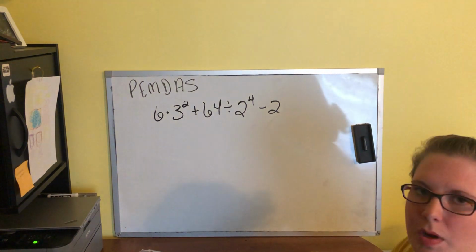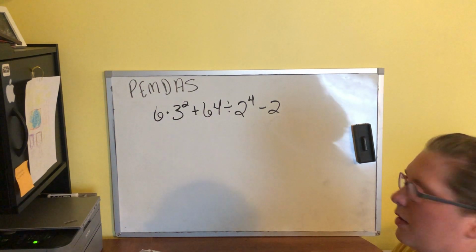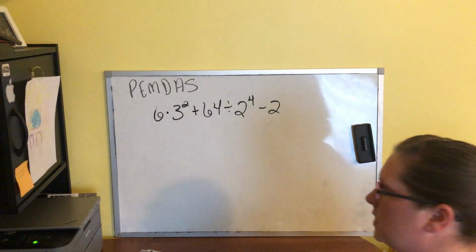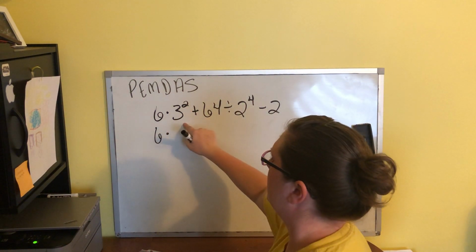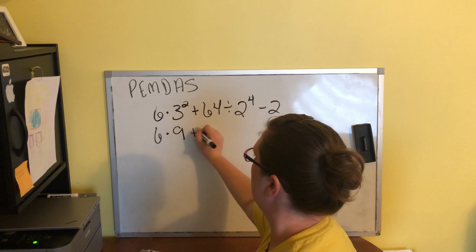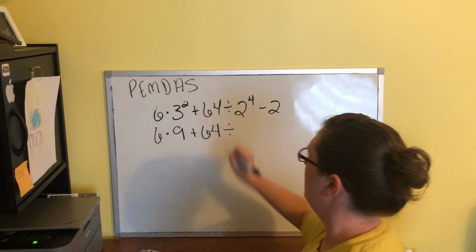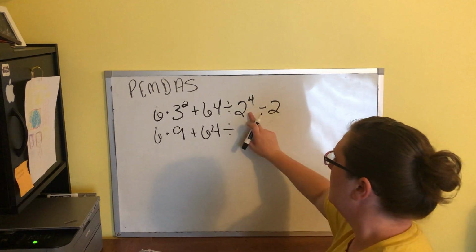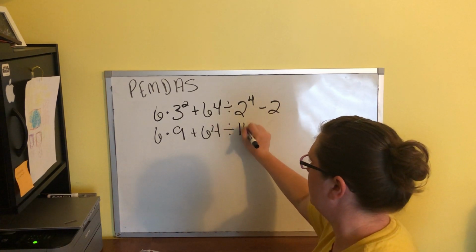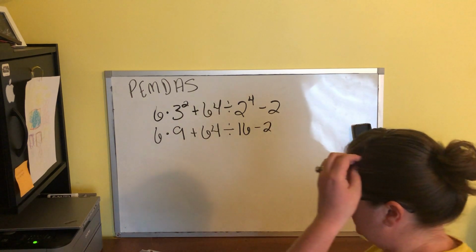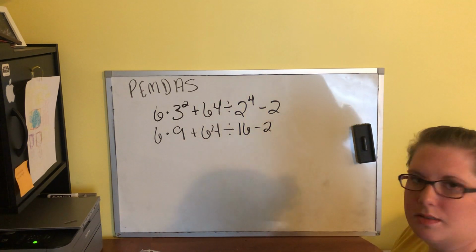First thing, are there parentheses? No. Are there exponents? Yes. So that's what we're going to do first. So I have 6 times 3 squared. 3 times 3 is 9. Plus 64 divided by 2 to the 4th. So 2 times 2 times 2 times 2 gives you 16. And I have our minus 2.